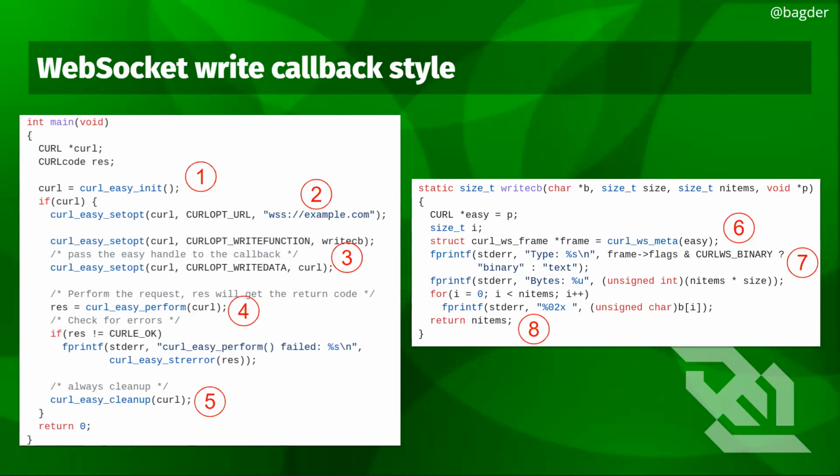I return the number of items. If you don't return the number of items, libcurl will think something went wrong and it will return an error for the transfer because obviously your callback failed somehow, so it couldn't continue. So of course, if you do find an error within your callback, return something else than the number of items, and you will get an error return from that transfer.